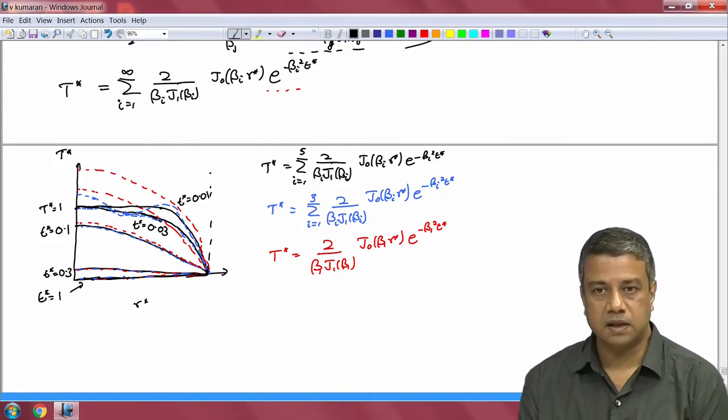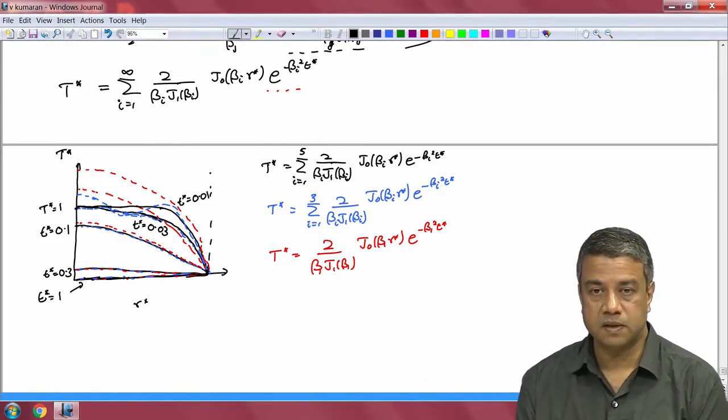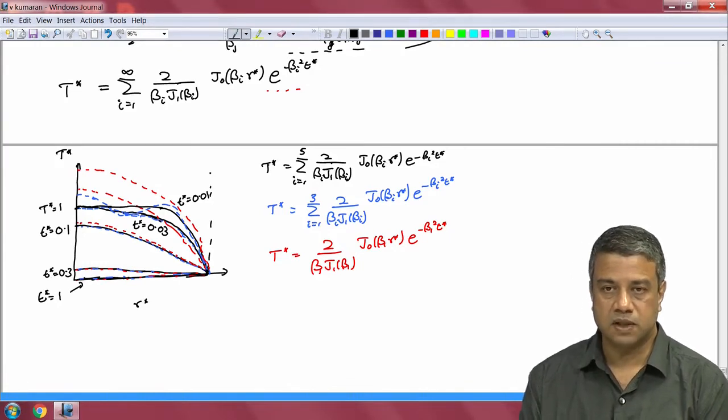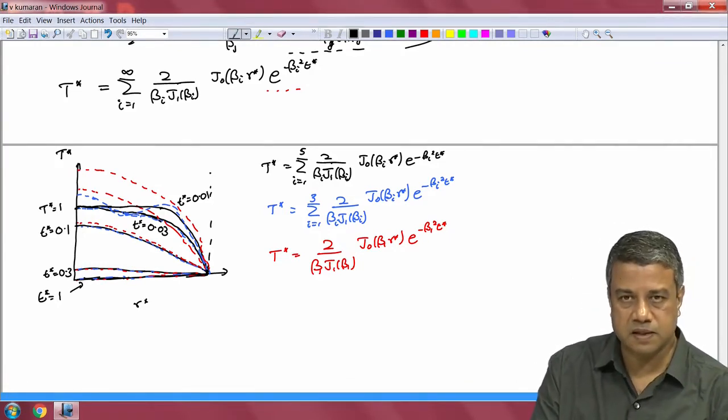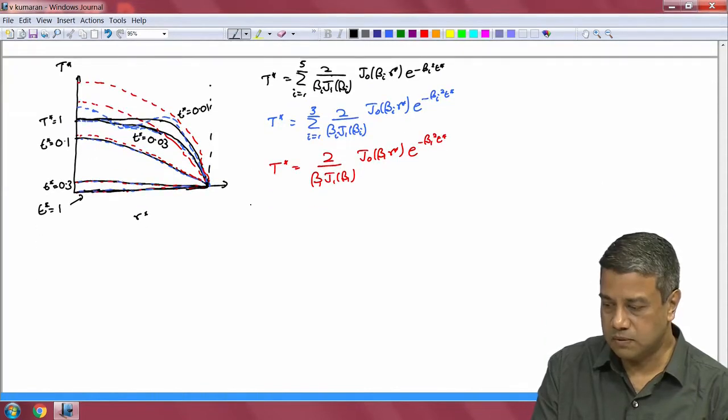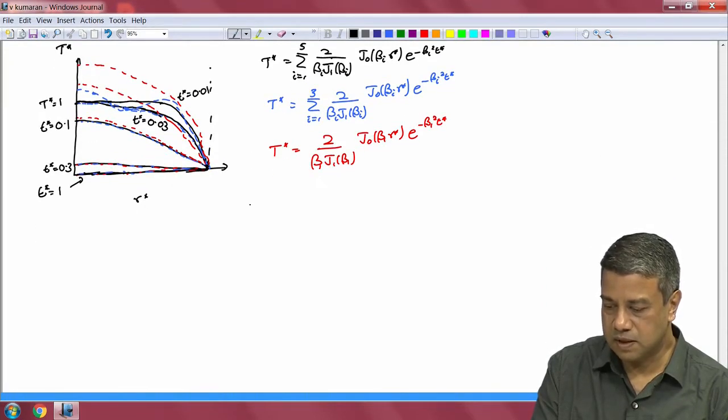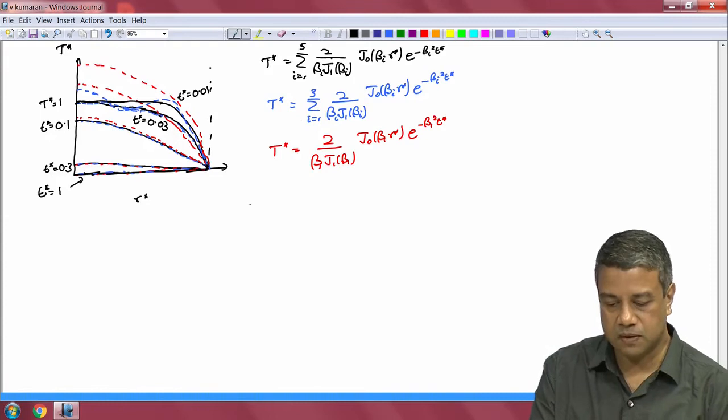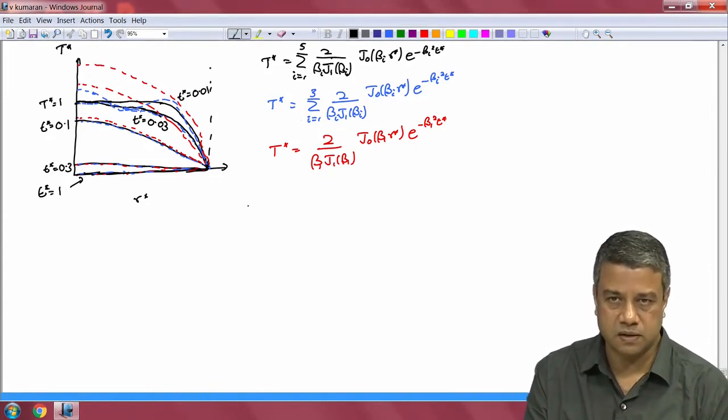So, clearly the separation of variables solution with even a small number of terms in the expansion is giving you a quantitatively accurate result when time increases beyond about 0.03 or 0.01.